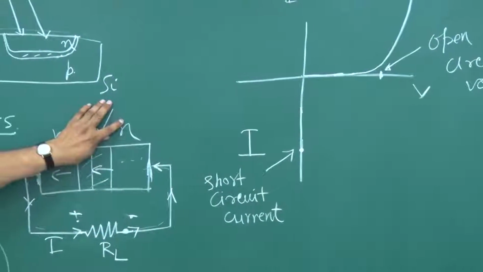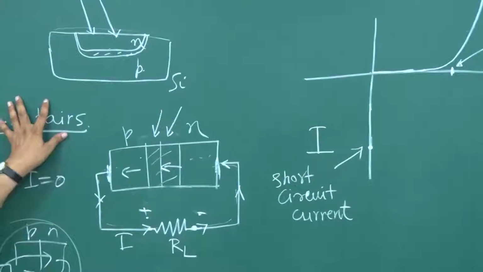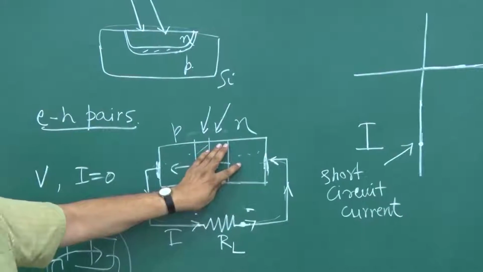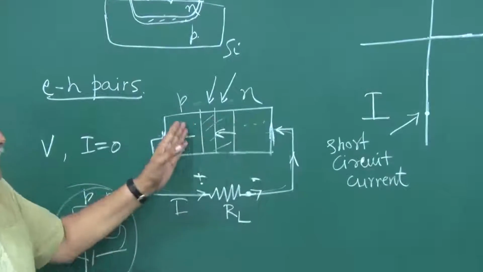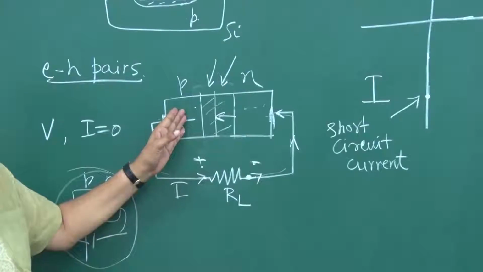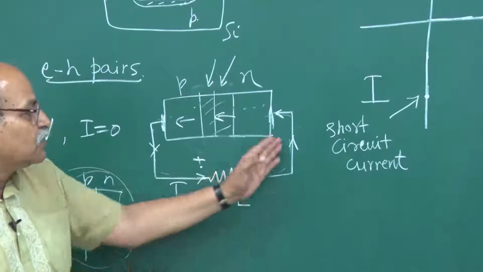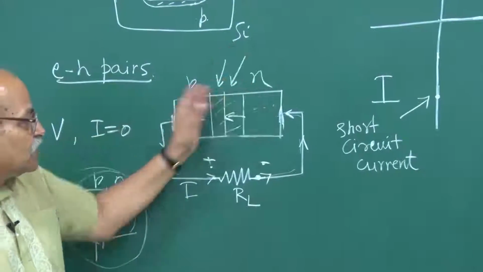Because of this light, because of this EH pair production here, and because of this internal field which is drifting electrons this side and holes this side, you have a current which you can call photocurrent. Because of the photons you have current.